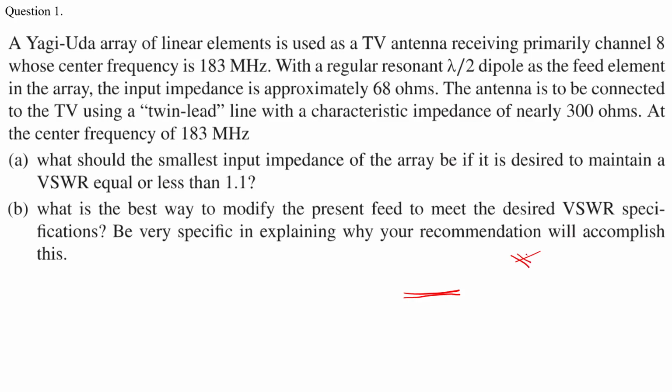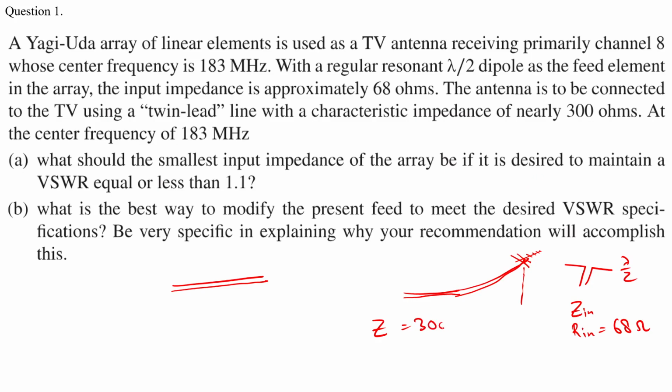Suppose this is a Yagi-Uda antenna and this is the driven element, a regular lambda by 2 dipole whose input impedance, Z in or R in, is 68 ohms, and the characteristic impedance of this twin-lead cable, a parallel wire cable, is 300 ohms.